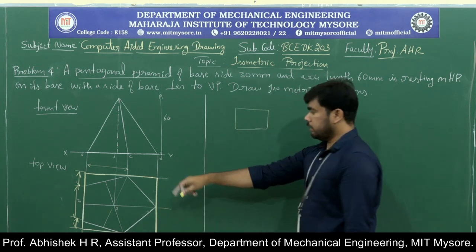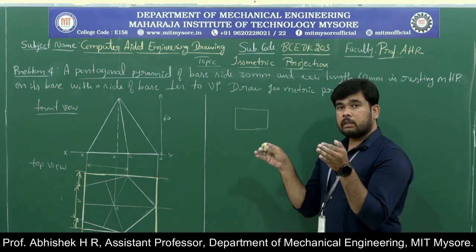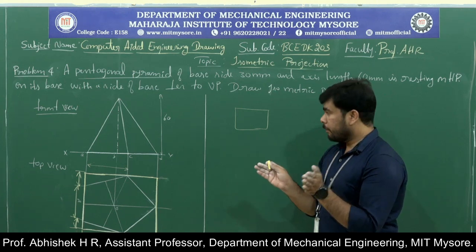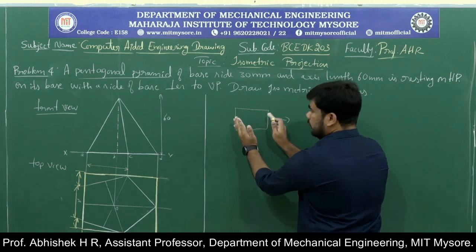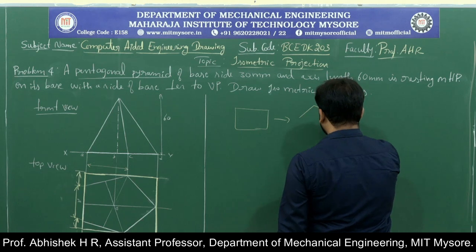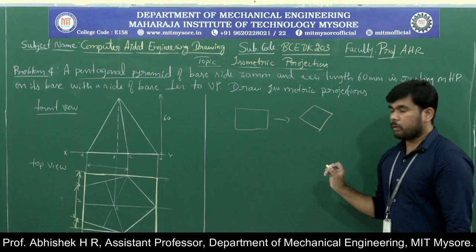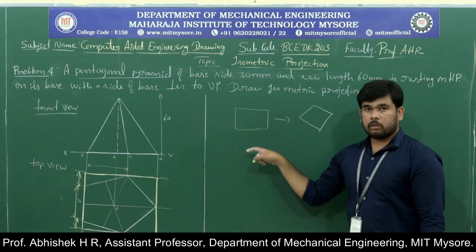See, now this sheet is in the form of a square, right? I have covered this area within the square block, but our isometric sheet's lines will be arranged in the form of 30-degree orientation. What I'll do is, I'll just tilt this square block like this, in this way. Okay, I have covered the pentagon by the square block.